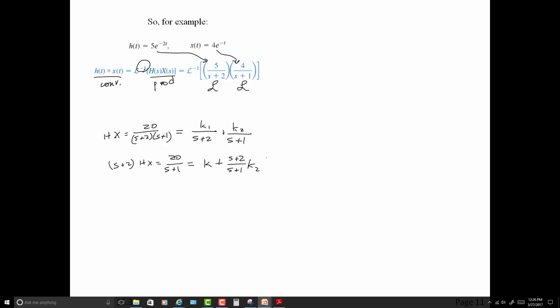And now remember, then let s be equal to minus 2. Evaluate it at that point. Okay, and when we do that, this term goes to 0. This was k1. So we're left with k1 is equal to 20 over minus 2 plus 1, which is equal to minus 20. Okay, we can do the same thing for k2.